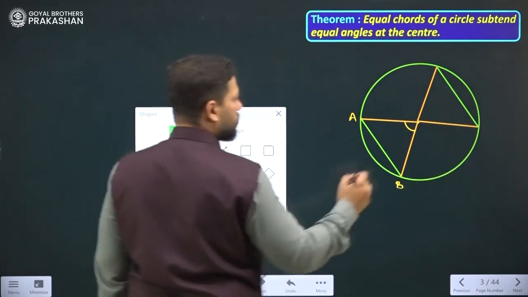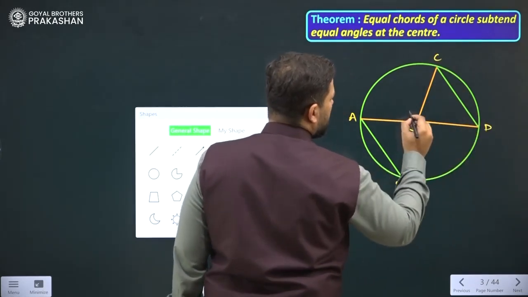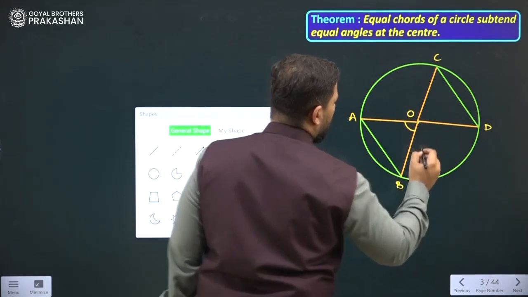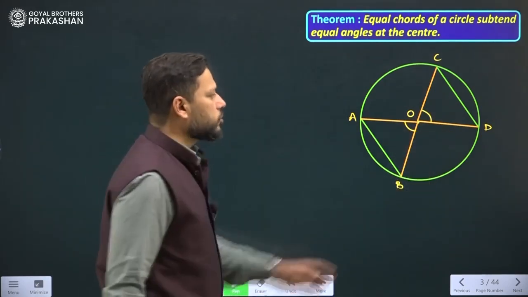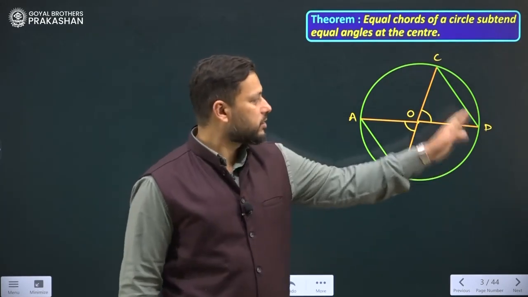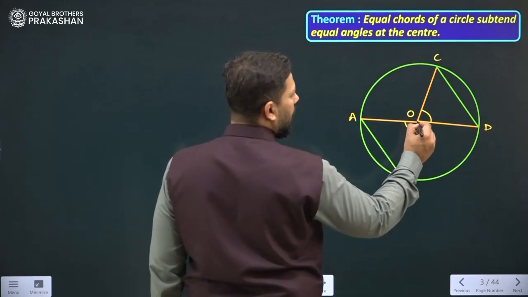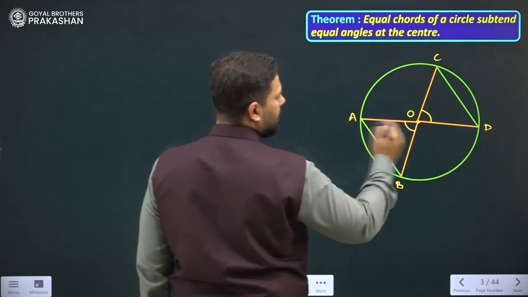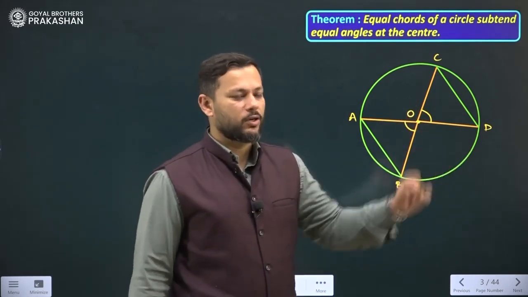Let us name it as well. This is chord CD, and this is our center point O. It also subtends an angle over here at the center. So this is what this figure looks like. This is the circle with center O, and AB and CD are equal chords subtending angles AOB and COD at the center of the circle.